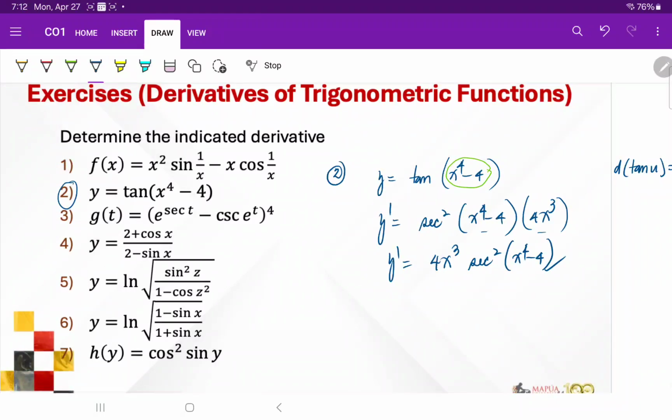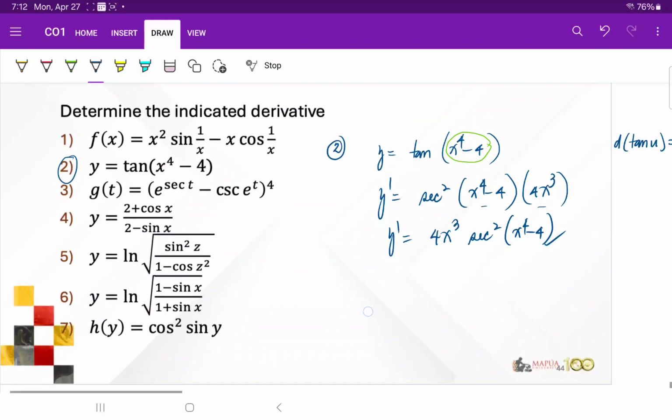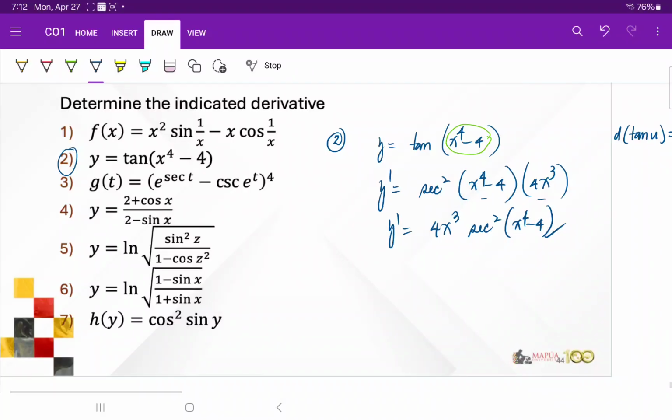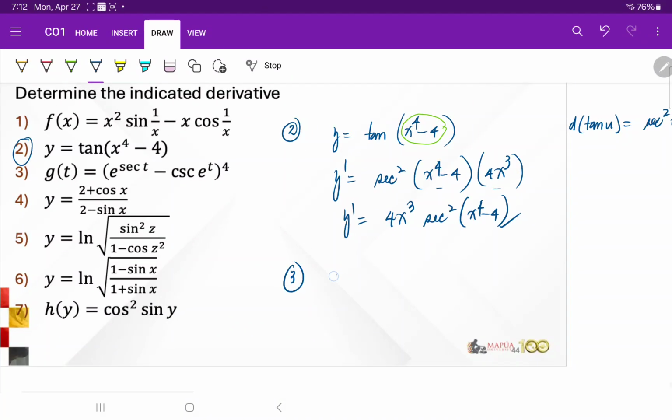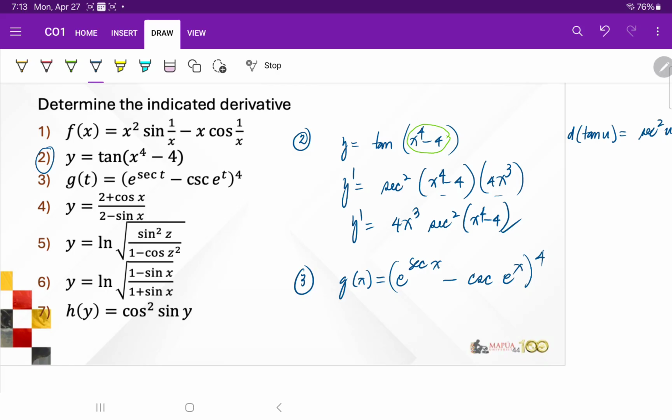And then, let's do number 3. So for 3, you're given g. Let's use g of x. G of x is e to the secant x minus cosecant of e to the x, and this is raised to the 4th.